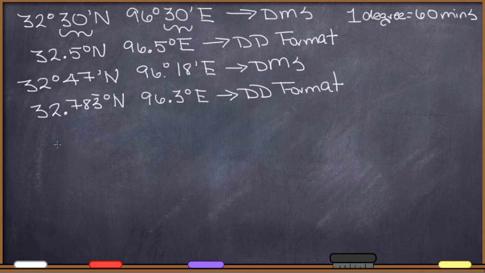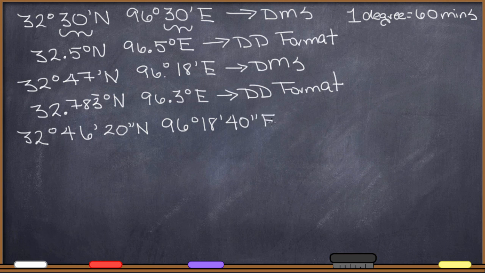I'll do one with seconds just to show you the conversion. So if I've got 32 degrees, 46 minutes, and let's say 20 seconds north, and then over here 96 degrees, 18 minutes, 40 seconds east.